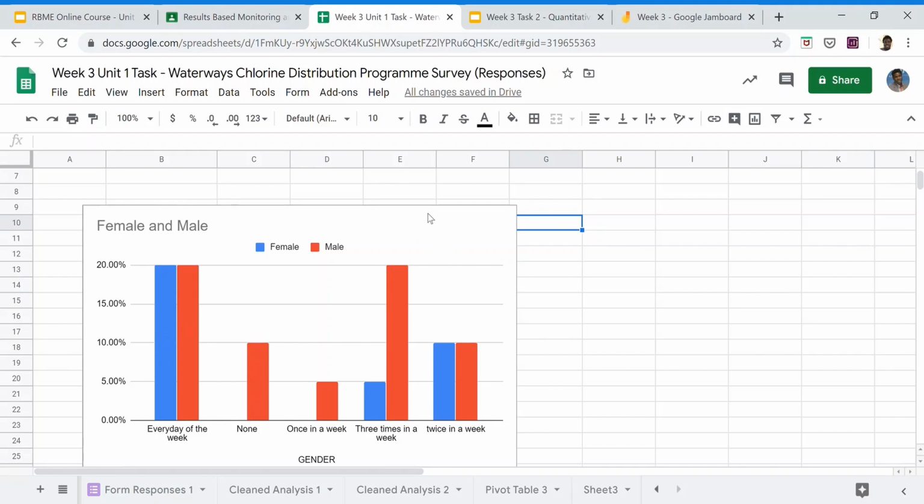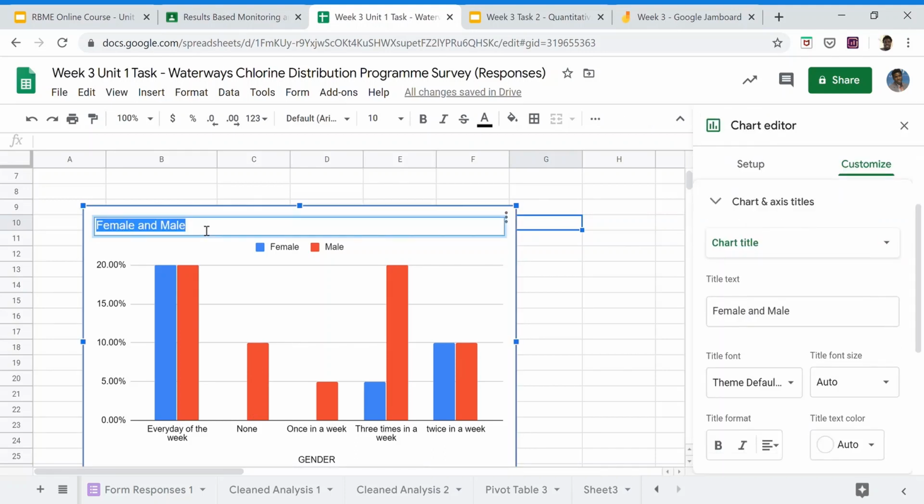I mean, you could get this, and well, if you do not need this, you can actually remove it before you transplant it. So this is gender versus.